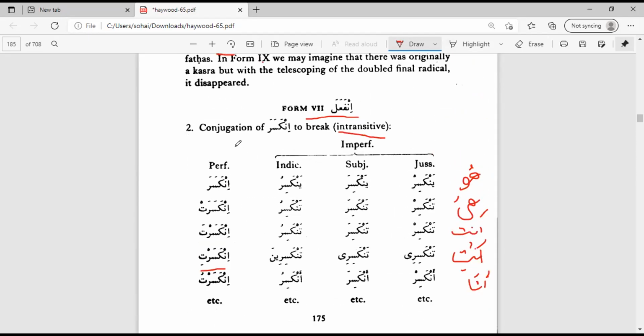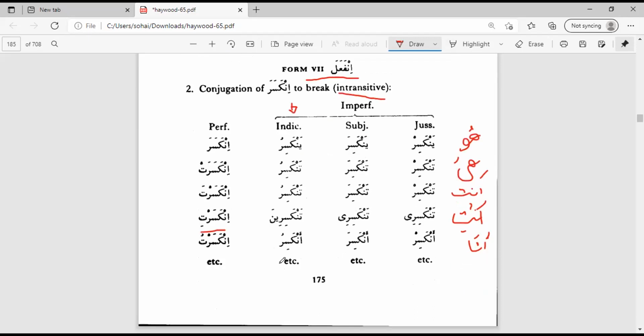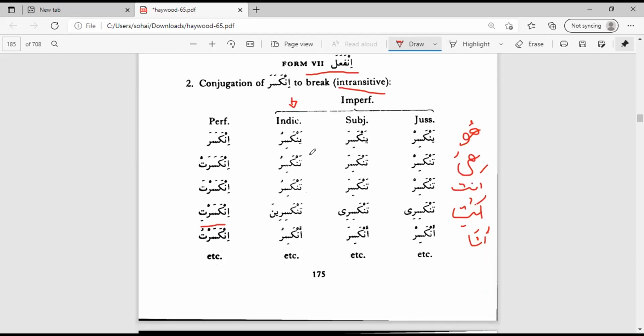That's madi. And then in mudare, which is here, it's telling you that it's going to be ana ankasiru, anta tankasiru, anti tankasirina.